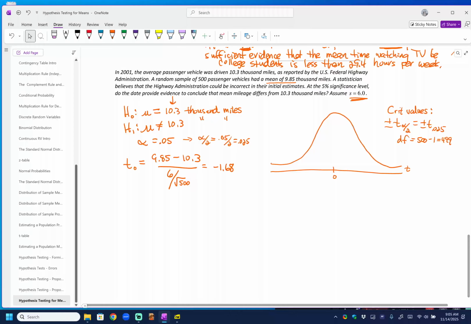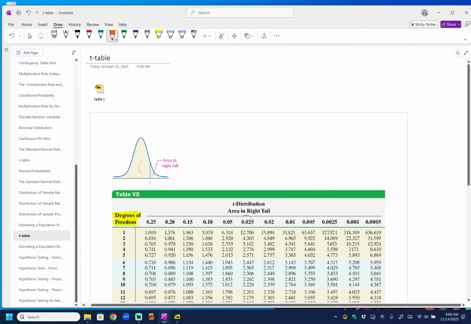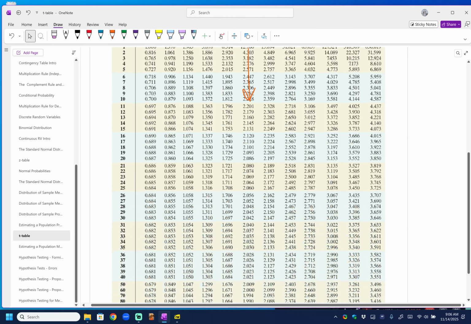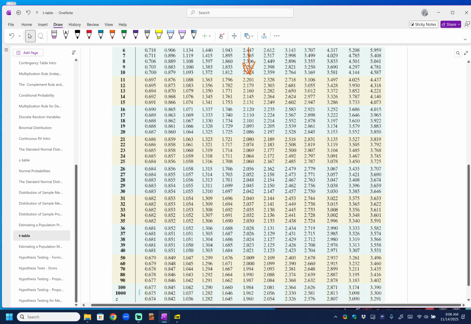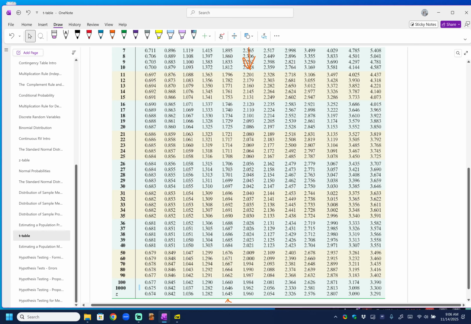Looking this value up is a little tricky. If you go to the t-table, we're going to be at the 0.025 column. But if we go down to the values that we want, you're going to see that there is no 499 anywhere. So as I mentioned before, whenever you don't know, you want to round down.